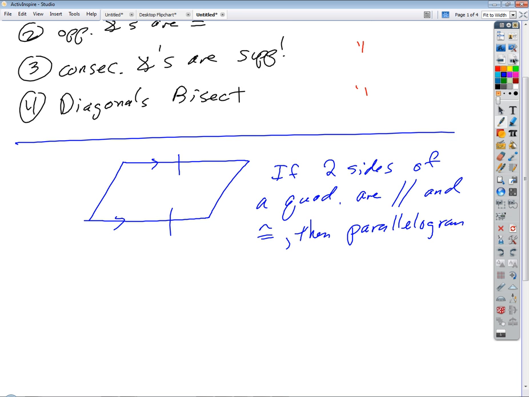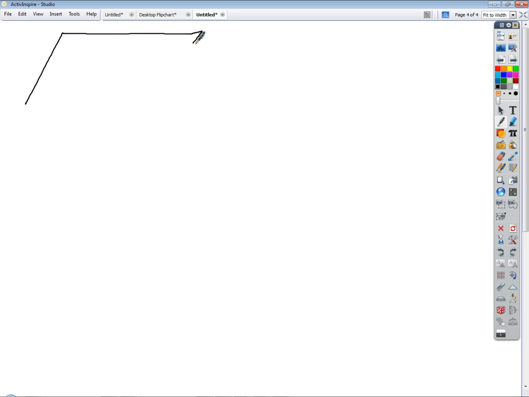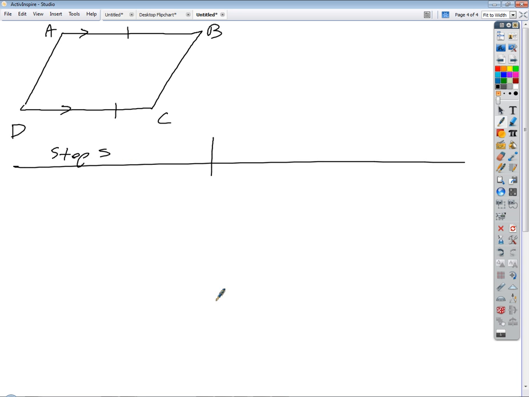All right, so let's label this stuff. So here's our quadrilateral. We'll just call it A, B, C, D again, how about? And this is what we're given. Take a second and just see if you can come up with a strategy.